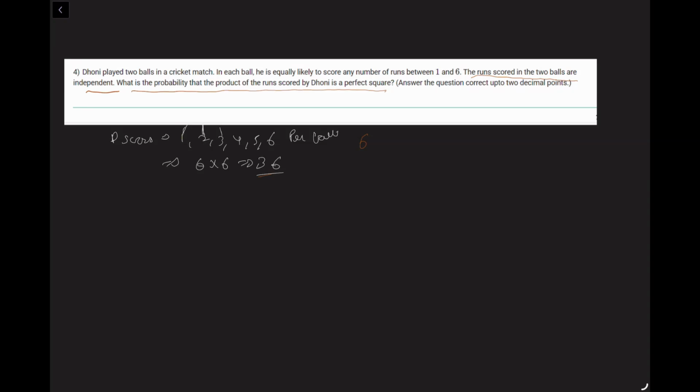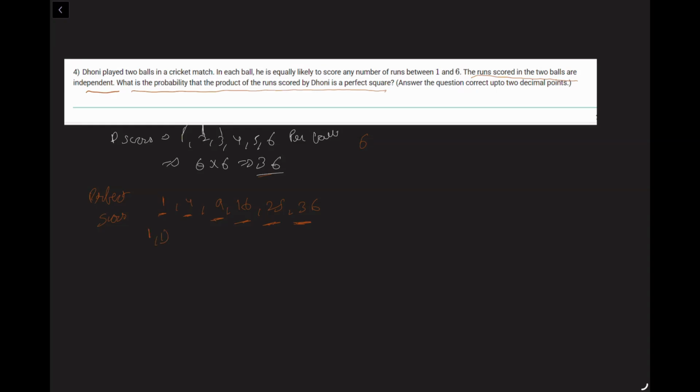Perfect squares can be what? 1 is a perfect square, 4, 9, 16, 25, and 36. These are your perfect squares. Now list all the ordered pairs A, B whose product is a perfect square. What possibilities are there to get 1?